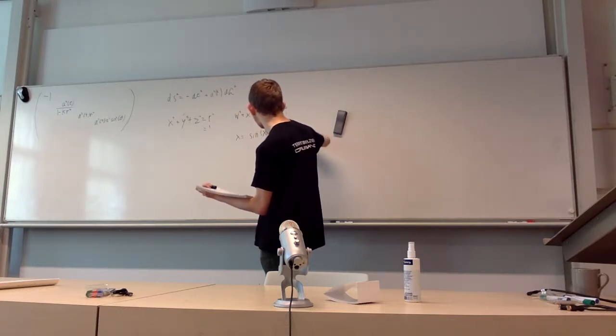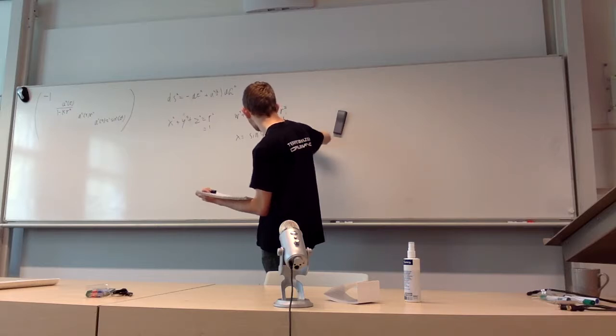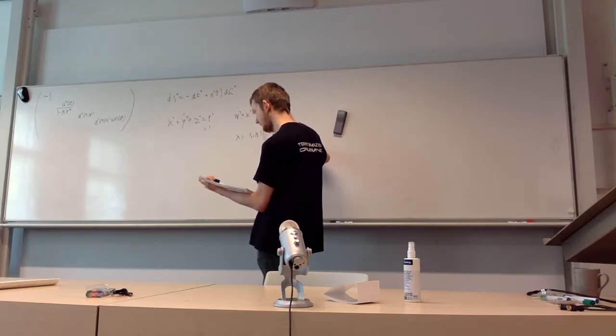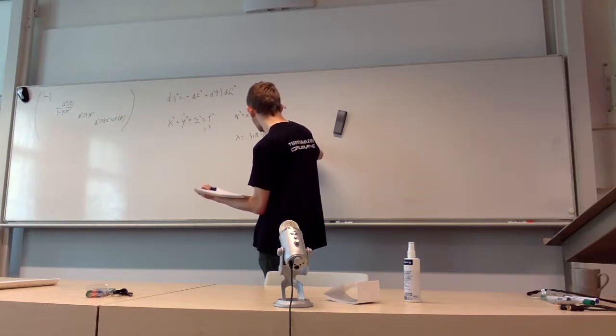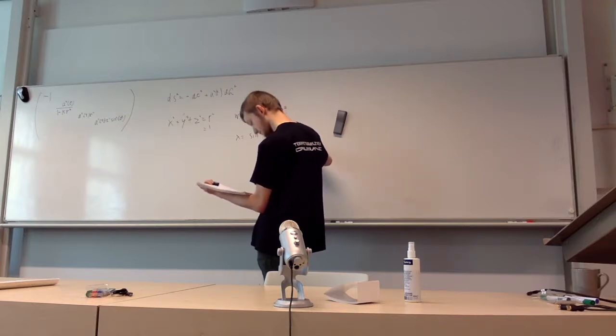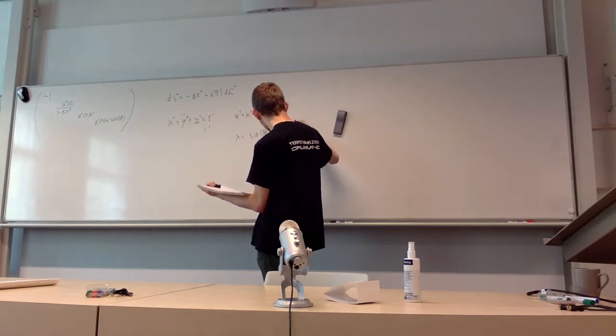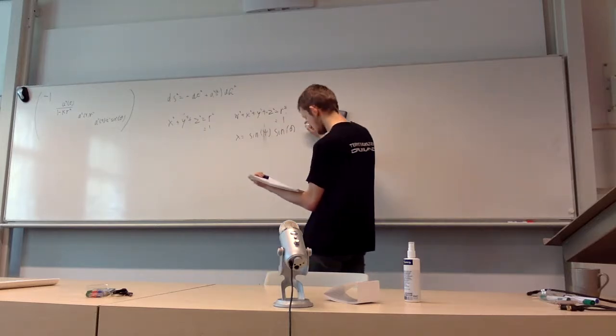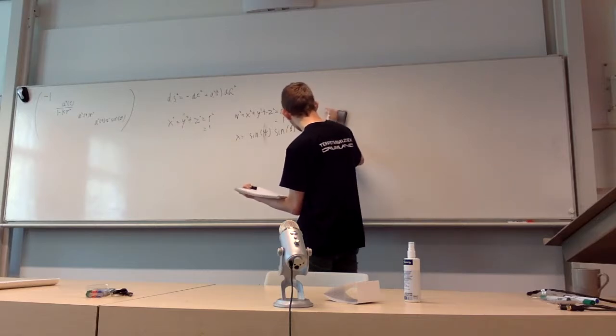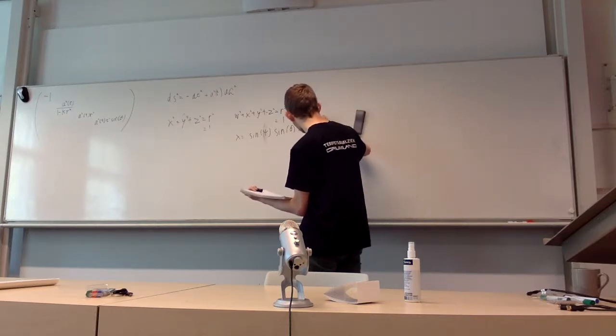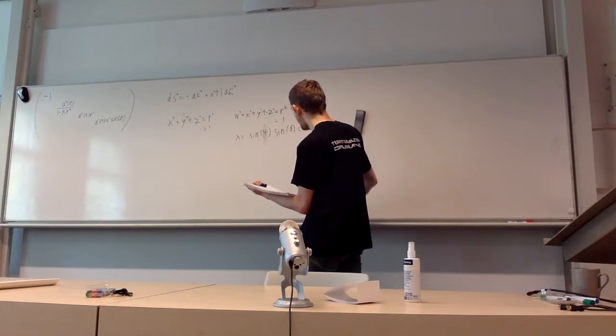We introduce a pretty poor choice of letters. Let's just call this angle psi or something like that. And cosine of phi.